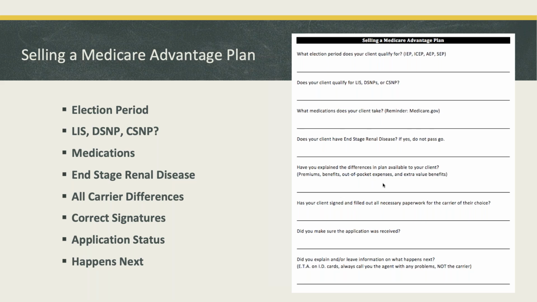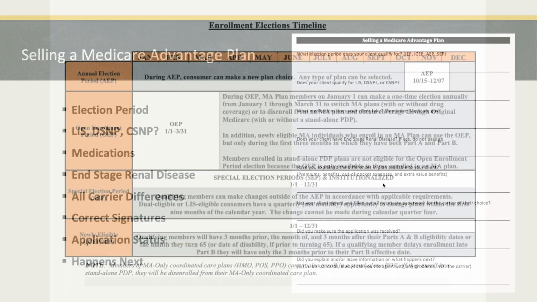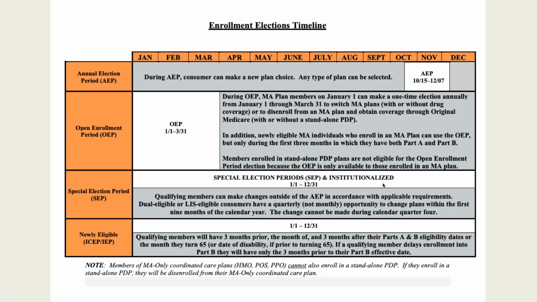There's a lot with this one question, and we can go into that further maybe sometime. So IEP is, we'll just flip over here real fast. This is kind of a highlight of those election periods. So IEP or ICEP, initial election period or initial coverage period.